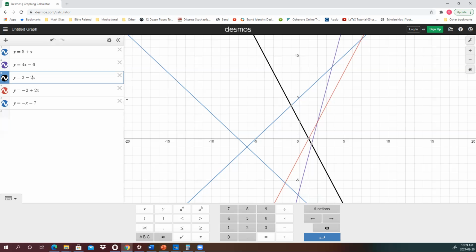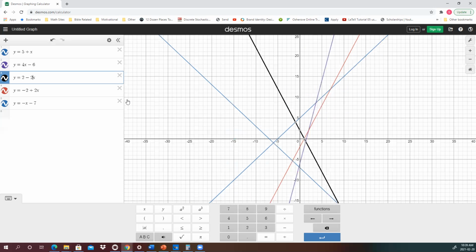Okay. So the gradient for this seems to be, but I'm going to have to give you a couple of minutes to rework them. Let's see. I have to go back a little. So the y-intercept for this one is right here, which is 2.